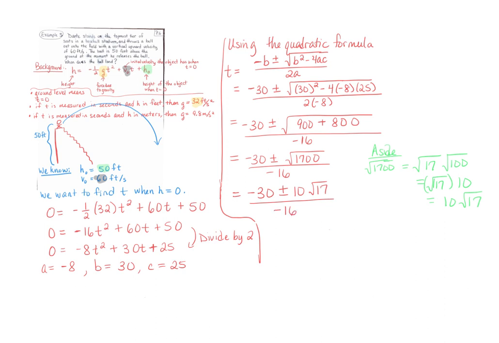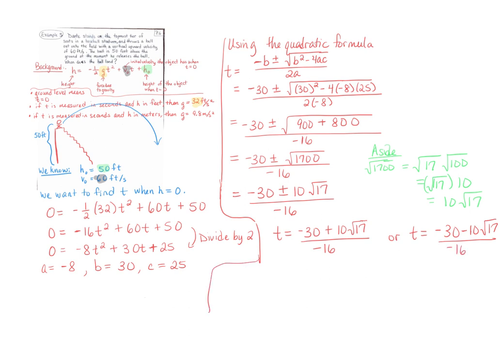And then this means that we have two solutions for t. So either t is going to be negative 30 plus 10 the square root of 17, all of that over negative 16, or we're going to have t is equal to negative 30 minus 10 square root of 17 all over negative 16.